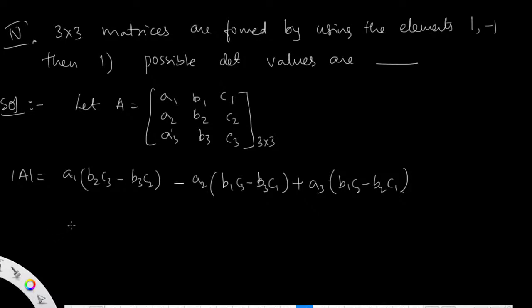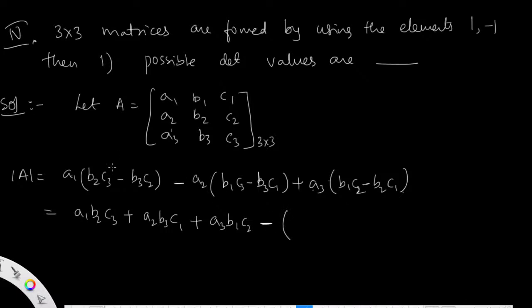For our convenience, we multiply out: A1 B2 C3 I am taking as positive, then A2 B3 C1 is positive, and next A3 B1 C2 is positive.